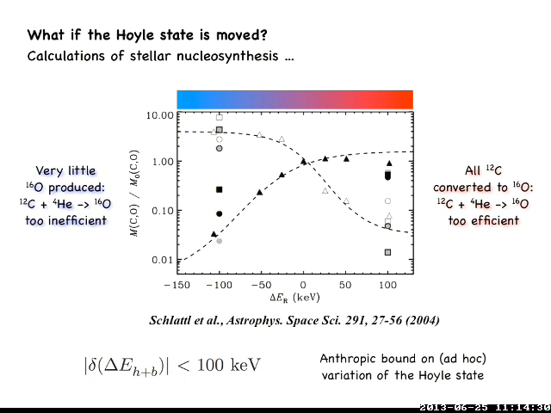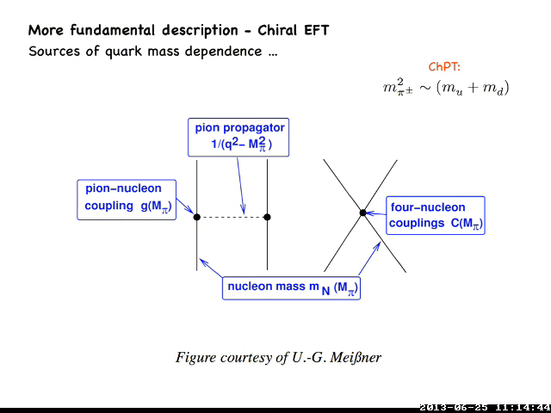Is there any way that we could relate this, for example, to variations in the light quark mass? So what are the sources of the quark mass dependence in the chiral EFT?